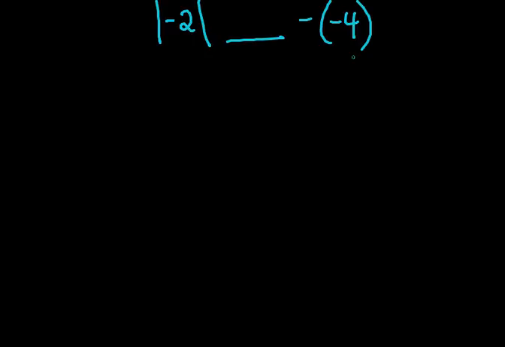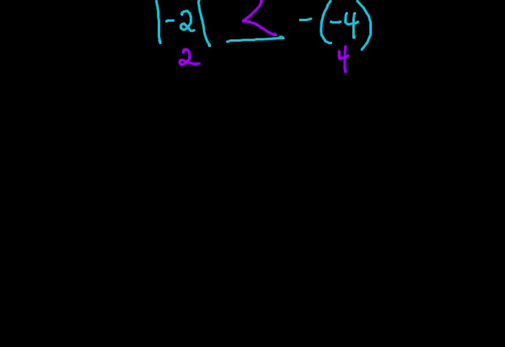My first step is going to be to figure out what the value of each of these is. I know that the absolute value of negative 2 is equal to 2, and that the opposite of negative 4 would be positive 4. So now I should be able to compare these. Which one is bigger, 2 or 4? 4 is going to be my larger number, which means that the alligator mouth or the Pac-Man mouth is going to face the larger number.